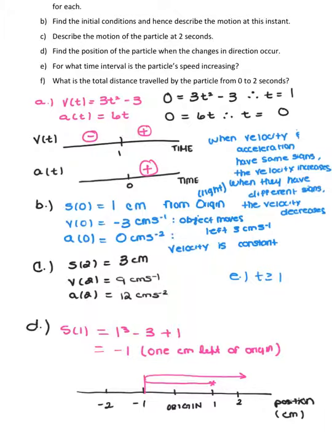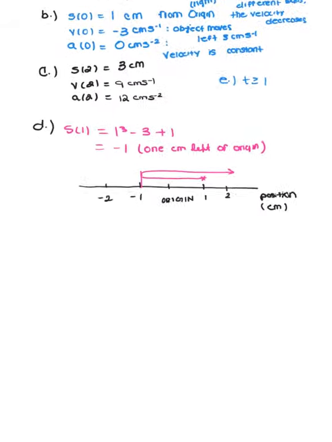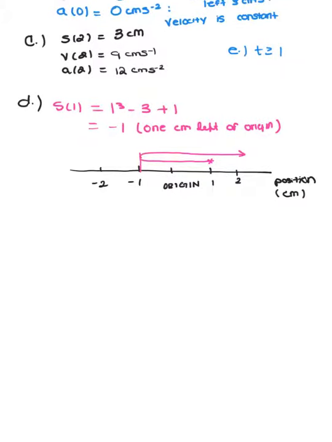Okay, what is the total distance traveled by the particle in 2 seconds? From here to here, from here to here, and so on. How far is that? 1, 2, 3, 4, 5, and this is position, right?